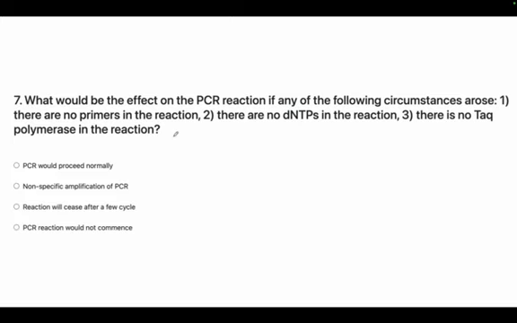If there are no primers in the reaction, we cannot start, as there's nothing for the DNA polymerase to add nucleotides to. If there are no dNTPs, there's no raw material for the synthesis. If there's no Taq polymerase, there's no enzyme to actually do the synthesis. So the PCR reaction will not commence in this case.